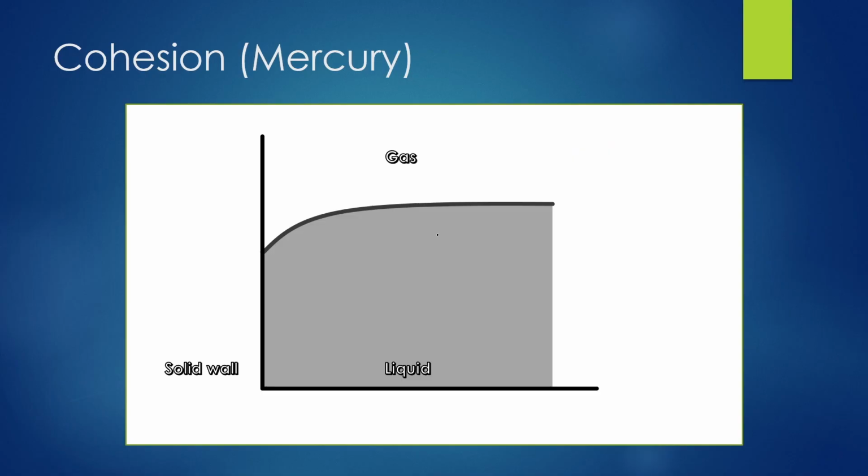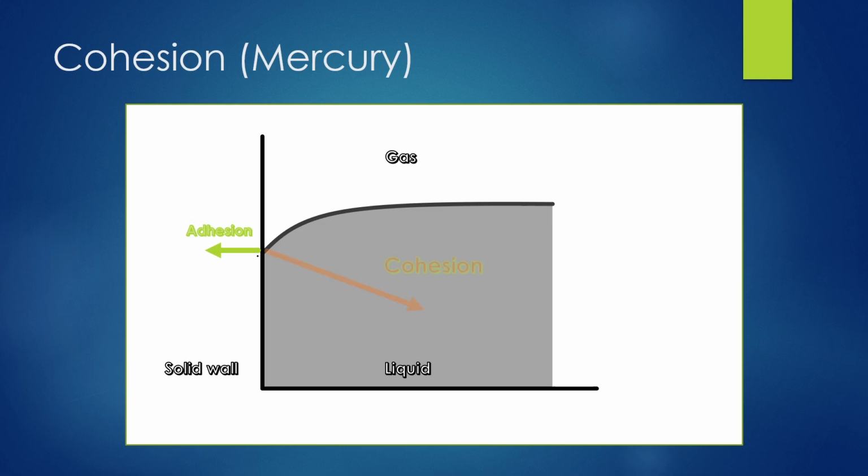On the other hand, non-wetting of the solid object happens when the forces of cohesion are larger than the forces of adhesion. Same thing with forces of adhesion. The direction of the forces is the same. The only difference in this case is the magnitude of these two forces. Now here we have the forces of adhesion being in the direction of the solid object, the wall of this glass tube.